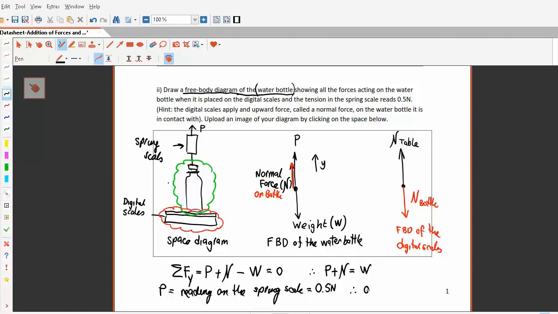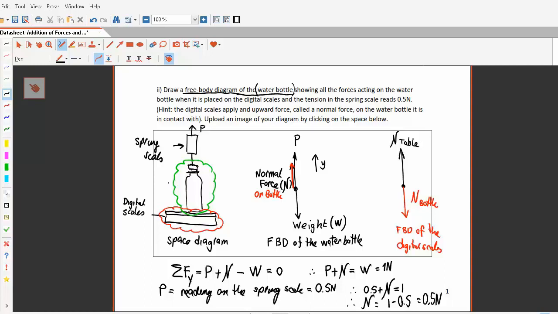So therefore, 0.5 plus N must equal the weight of the bottle, which was 1 Newton. So therefore we can see from this equation that the normal force must equal 1 minus 0.5, which is equal to 0.5 newtons.